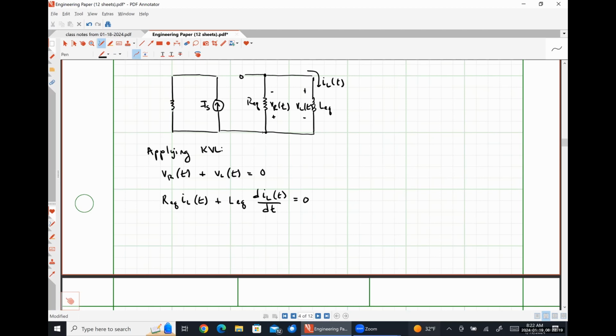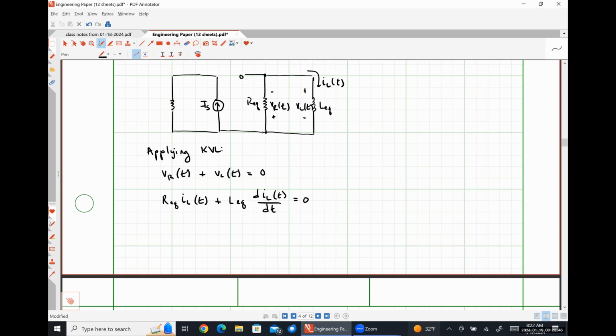Now I understand that probably most of you have not yet had Math 245, where we learn all about solving differential equations. So we are going to do it in a completely different way. We're going to do it purely by intuition, okay? So effectively, our goal here is to figure out what IL is based on this equation.